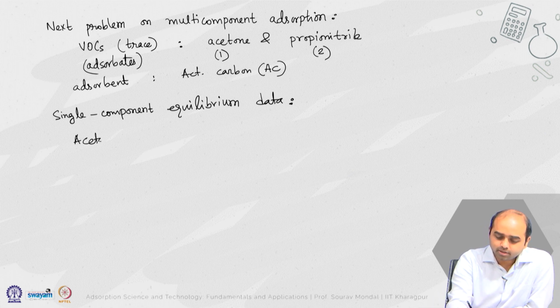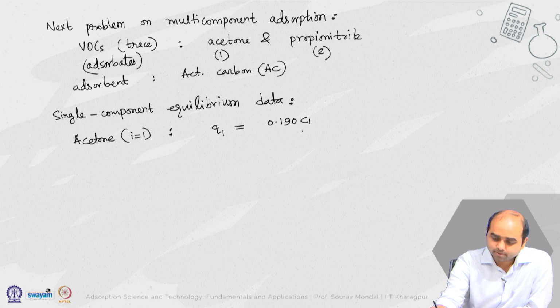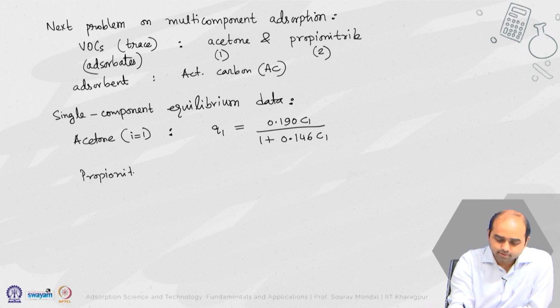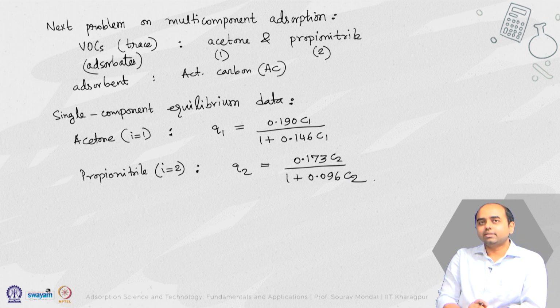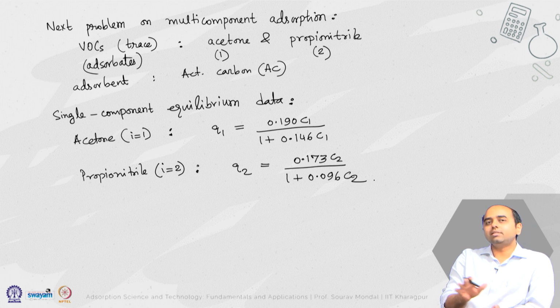So for species 1, acetone, the Langmuir isotherm is given as, and so these are the individual Langmuir isotherms for these two solutes. This Langmuir isotherm data for these two cases is actually obtained from their individual isotherm experiments.